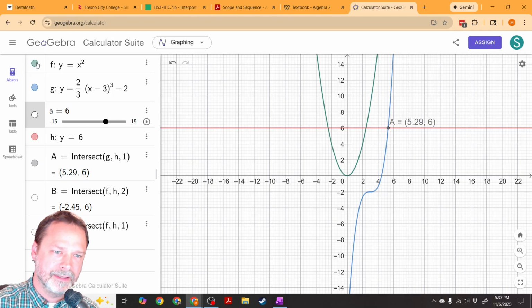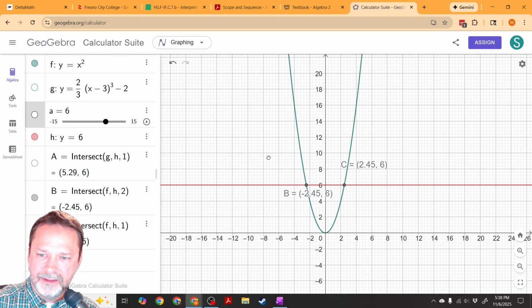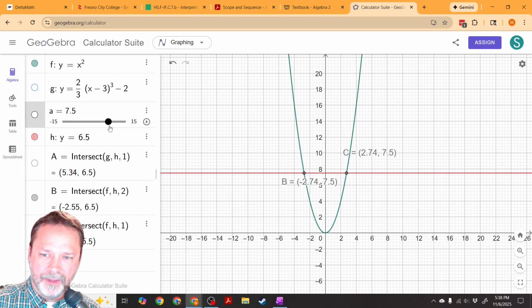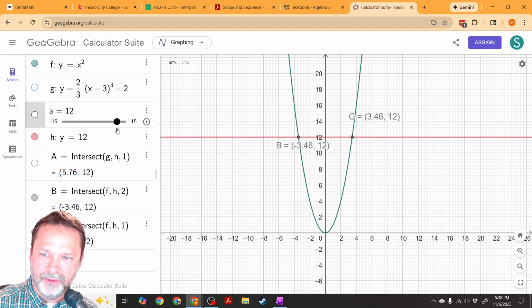Let's take a look at one of those examples. Let's say I have a nice easy equation, y equals x squared. Then almost everywhere, a horizontal line is going to cross in more than one spot. Say, for instance, y equals 12.